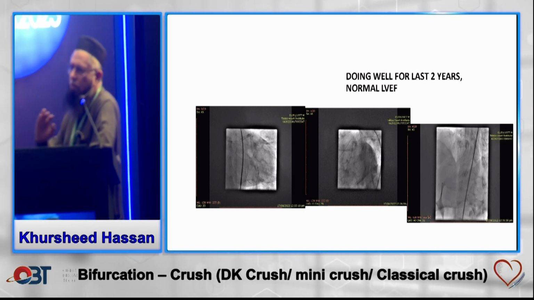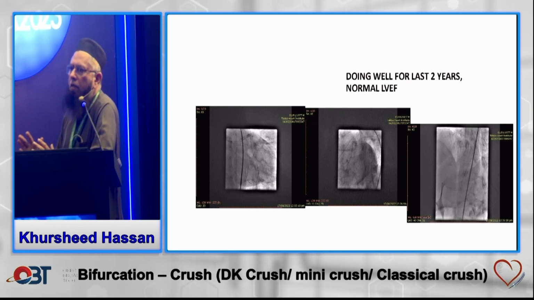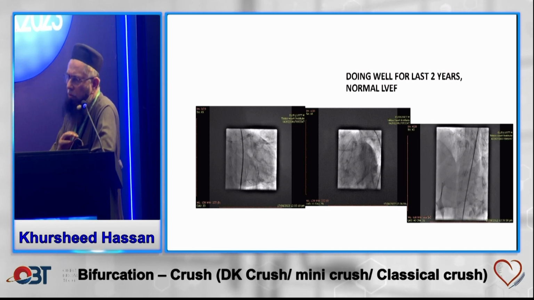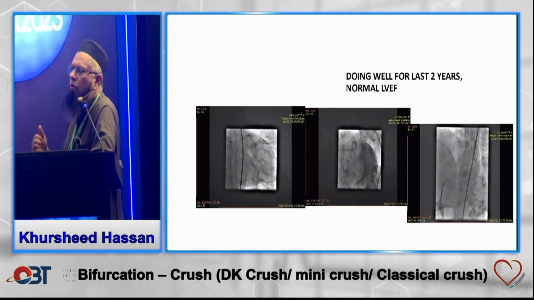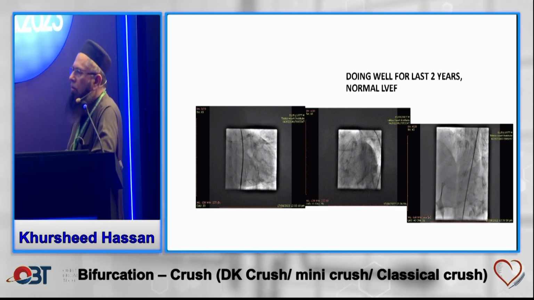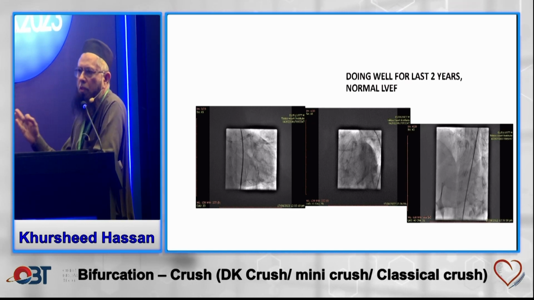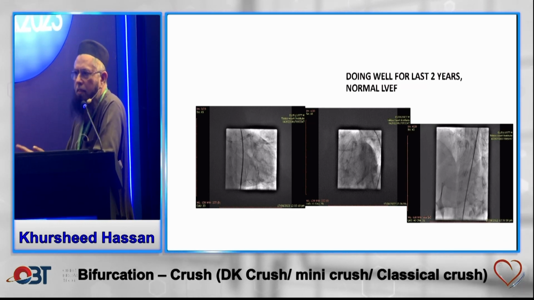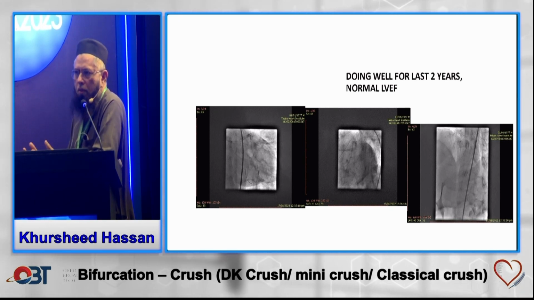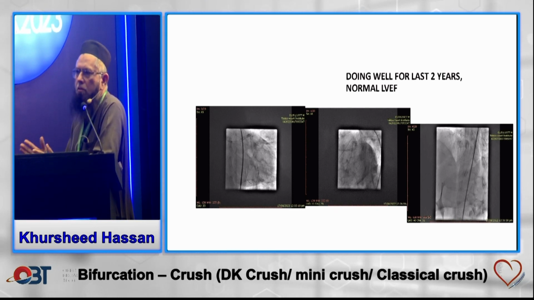In STEMIs the point is to get a good flow down both vessels. If both are diseased, I will do a 2.0 or 2.5 balloon, gentle ballooning, do not go very high. You do not want to cause a dissection and then end up putting in a stent. Do a balloon in both the circ and the LAD, a kissing balloon, not very high, and see the result. If there is no dissection and TIMI 3 flow down both vessels, stop here.